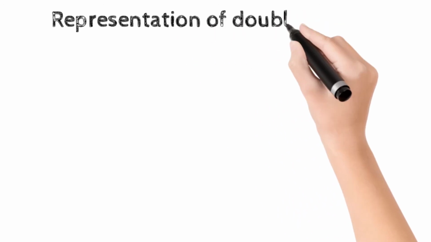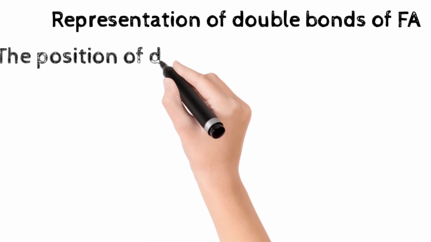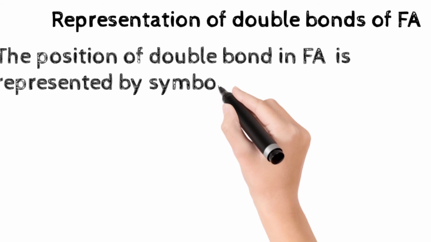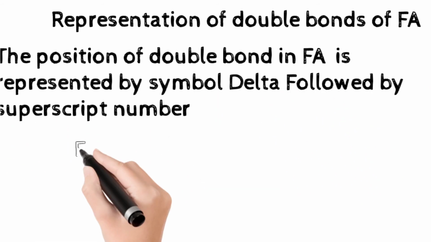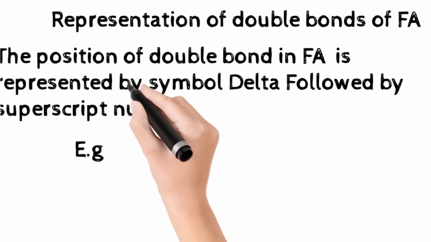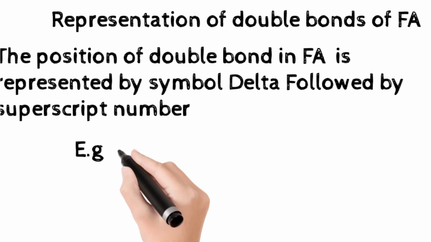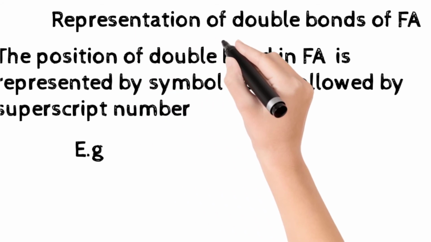Now come to the representation of double bond. In fatty acid, how do we represent the double bond? The position of the double bond in a fatty acid is represented by the symbol delta followed by a superscript number. Delta shows the position of the double bond, in which carbon the double bond is present.